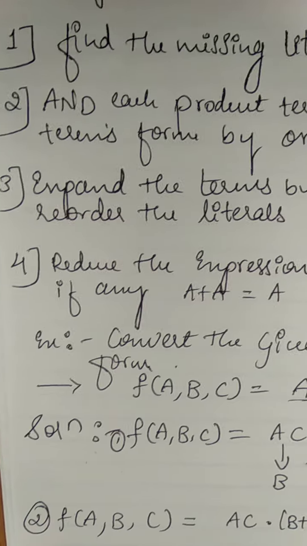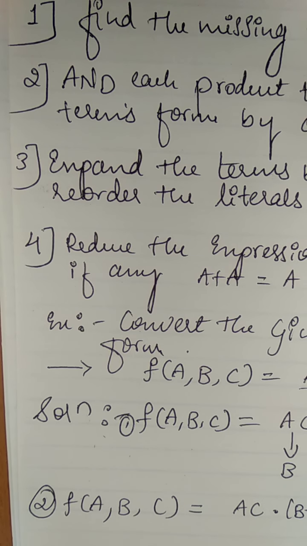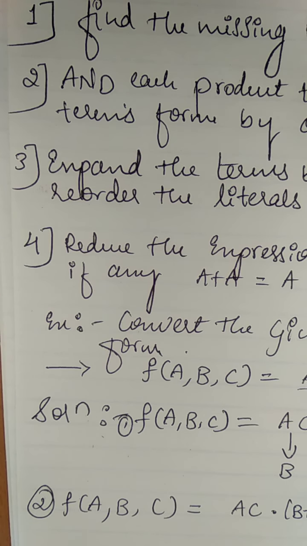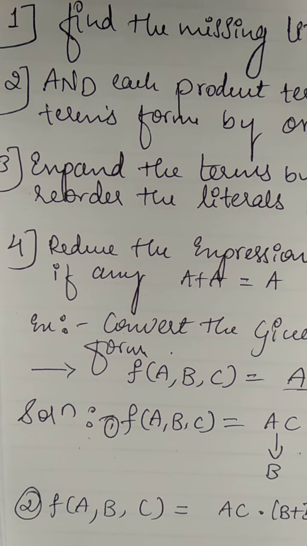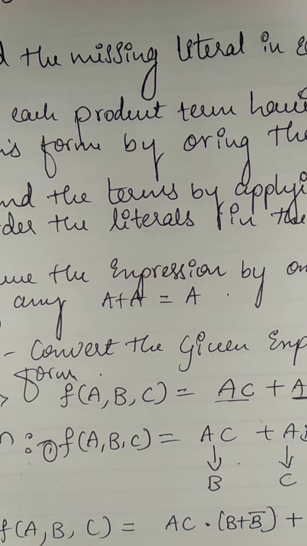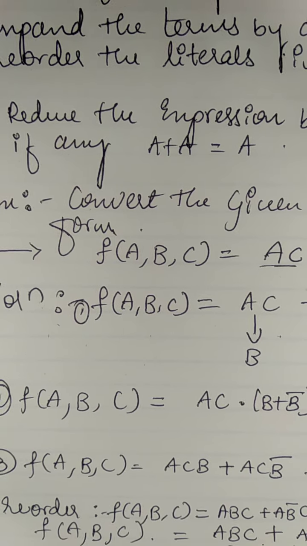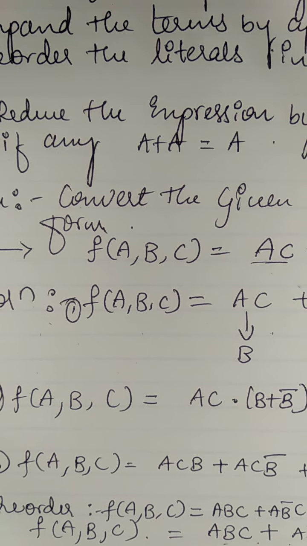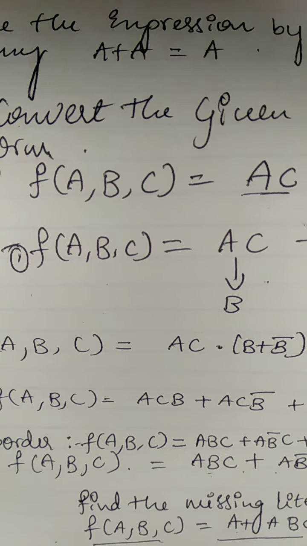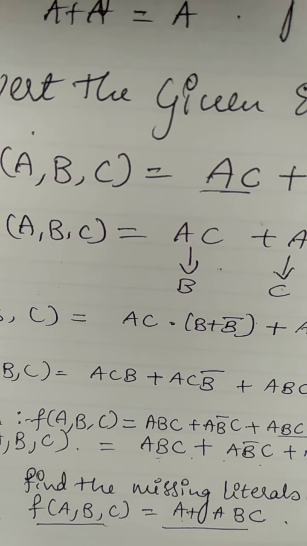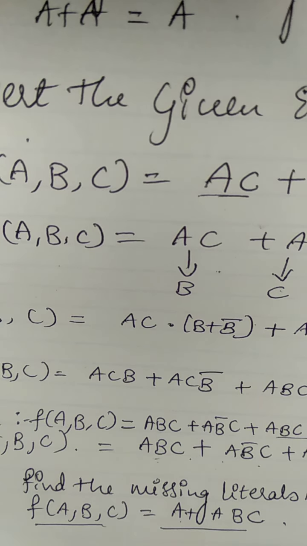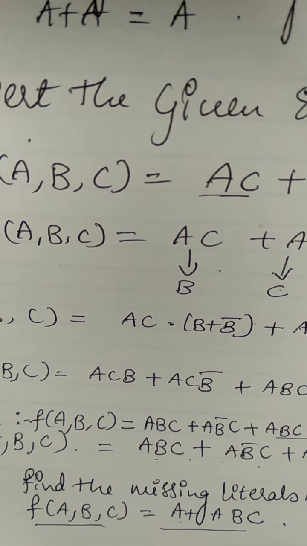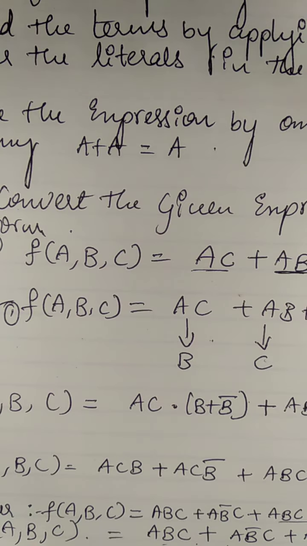In the fourth step, we reduce the terms, omitting the repeated product terms. For example, A plus A is equal to A, and we have solved the example based on those steps. I have given one homework problem. Please follow the steps and convert this SOP to standard SOP. Thank you.